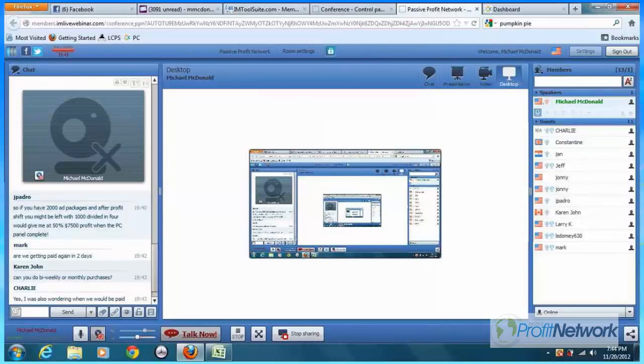Then you take that 250 at PC panels, 50% going to your own, 50% going to other people's. So that's 125. Take that 125 and multiply it by 60. Yeah, 7,500. There you go.